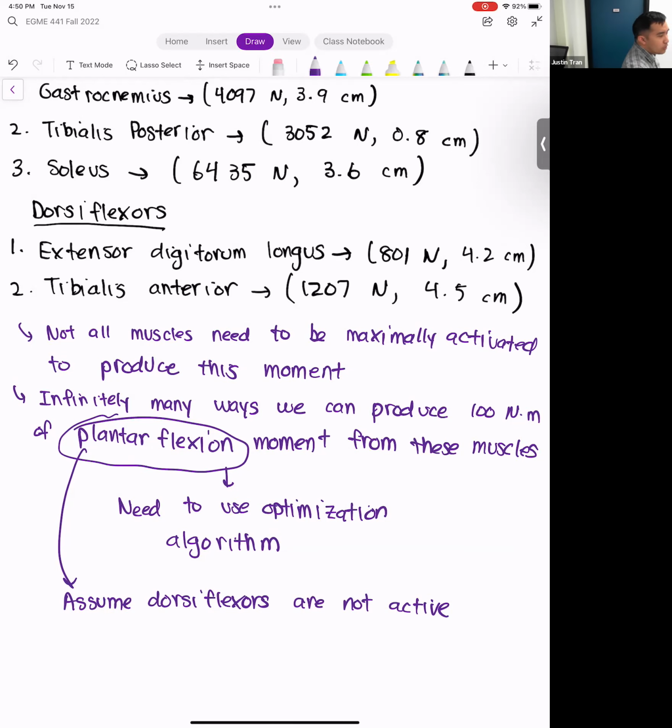And so if the goal is to get 100 Newton meters of plantar flexion moment, then it doesn't make sense for us to produce a moment in the opposite direction, because that's not going to get us closer to the goal, okay? In reality, it doesn't actually work like that, because whenever you produce any kind of motion, usually the antagonist muscles, or the muscles that produce the opposite motion, are engaged somewhat just for balance purposes, okay? But for now, we're just going to ignore them. And so we're going to ignore these 2 muscles here, and we're going to basically simplify our problem to just looking for 3 muscle forces.